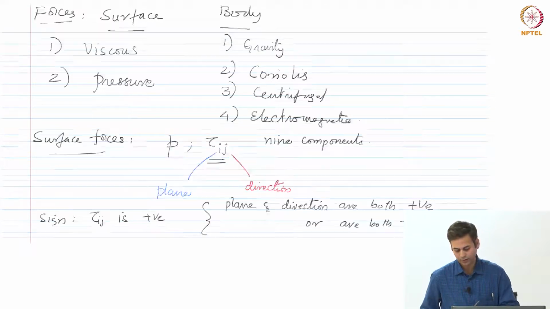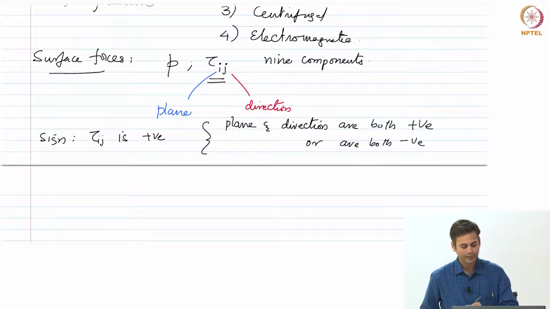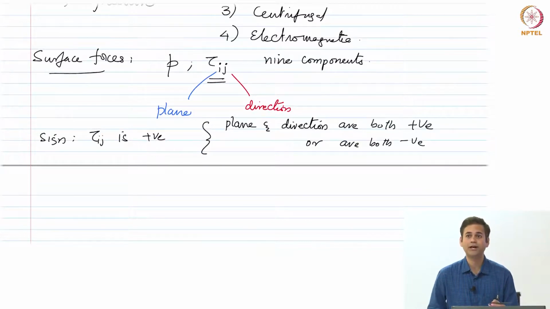Essentially, both the plane on which the stress is acting and the direction in which it is acting should be either both positive or both negative. Then we can call tau ij a positive quantity, okay. If they have opposite signs, then tau ij would be negative, okay.